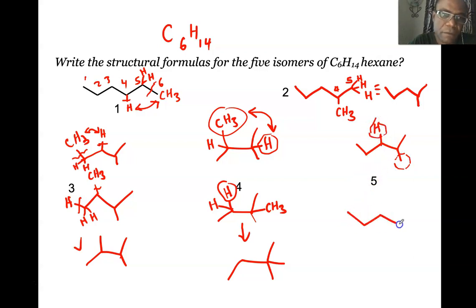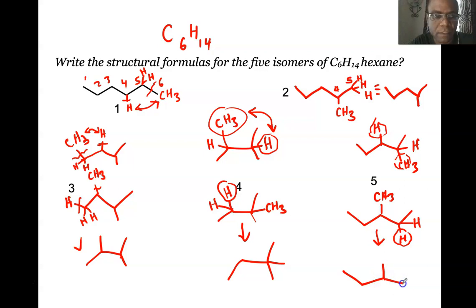So I have the longest chain with 5 carbons, and then I'm moving this CH3 right in the middle. And then this hydrogen goes where the CH3 was, which is here. Remember, again, we already have a hydrogen there to make 4 bonds around the carbon, so that's the hydrogen I'll show here. So this will be the 5th isomer. Without showing the hydrogens, it's gonna look like this.